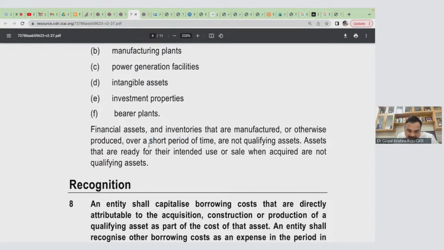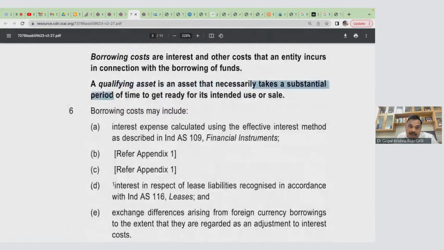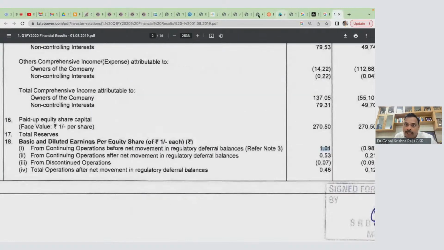So again, this short period of time, this substantial period of time, all these are subjective. So I need to disclose this in my annual report. So I'll just take you to one annual report.